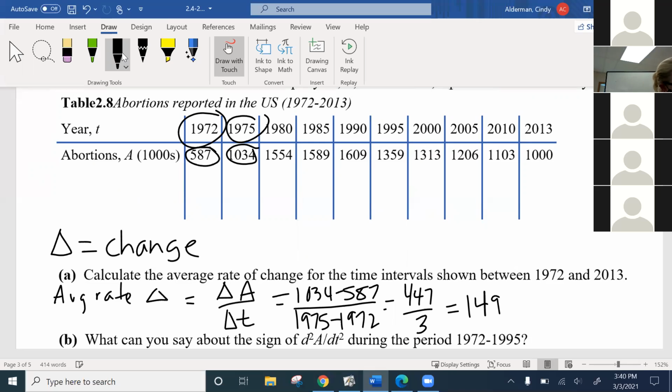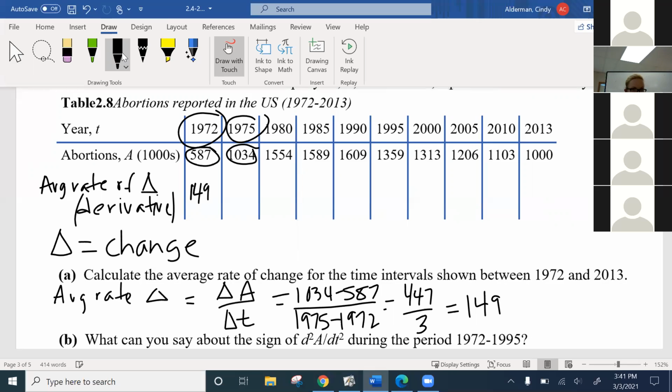So let's say average rate of change, which really is just the derivative at a particular point, right? All right, so then I would put 149 here.